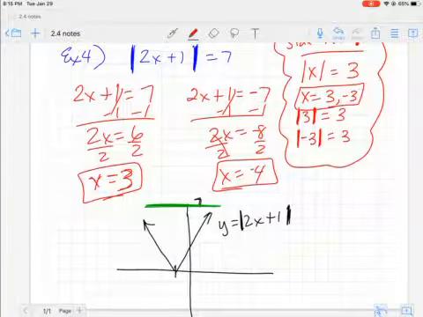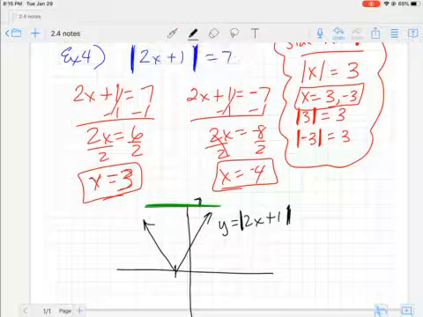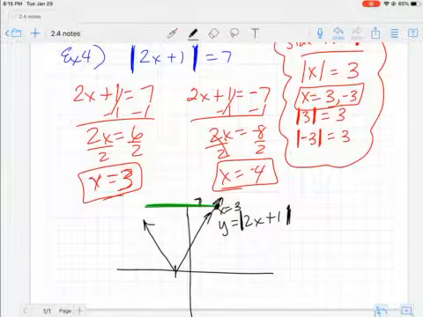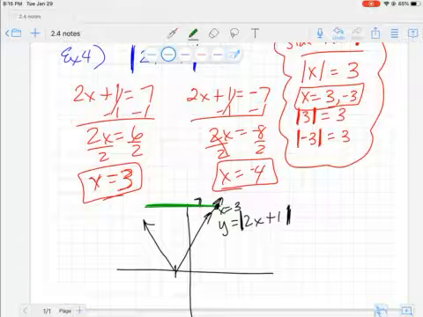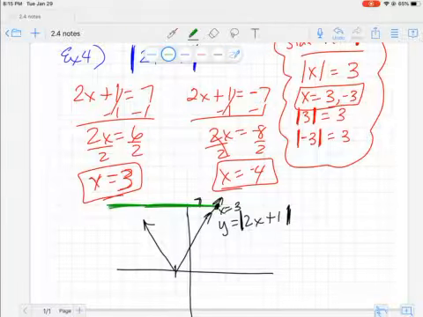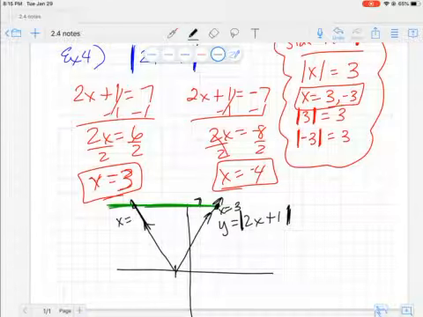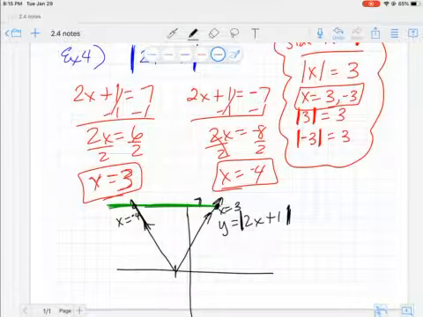It is going to cross my graph up here at x is equal to 3. And it is going to cross my graph over here when x is equal to a negative 4.